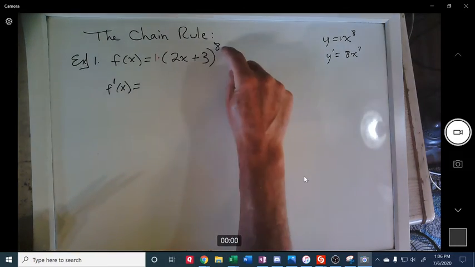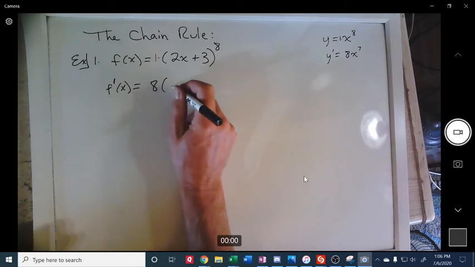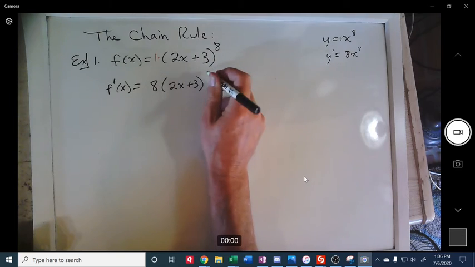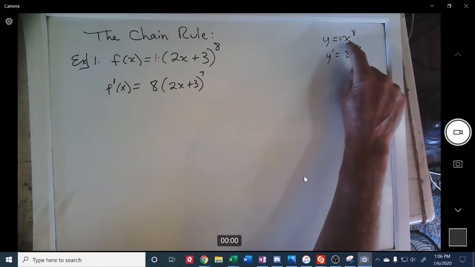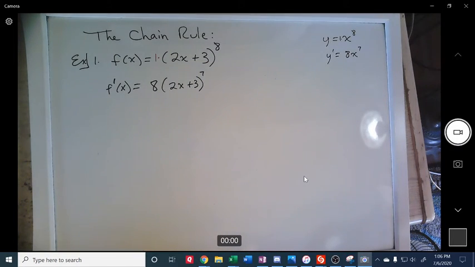We're going to take the 8 times the 1, and we're going to get 8. We're going to get 2x plus 3 to the 7th. So notice I'm working with the outermost function, which is something to the 8th power. And I'm taking the derivative of that as if this something was just an x, but it really is more complicated. It's 2x plus 3.